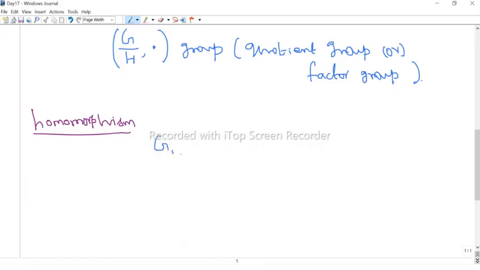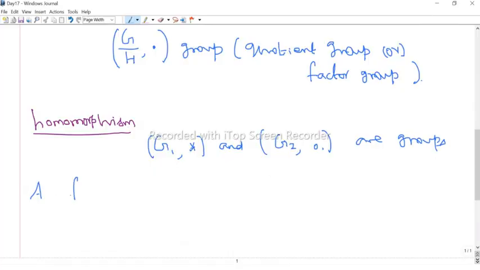We call G1 with some operation star, it's one group, and G2 is another group with some other operation, maybe we call it delta, or you can take any other operation or composition, that is your wish. Anyway, we take two different groups.